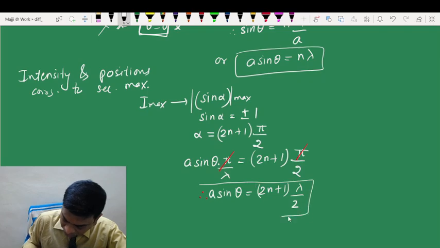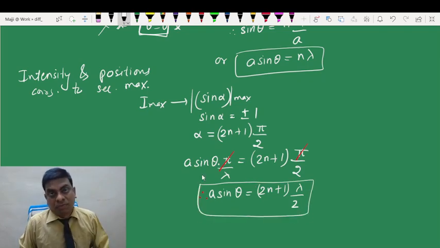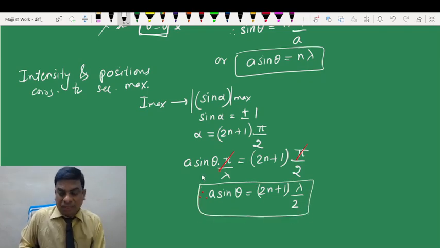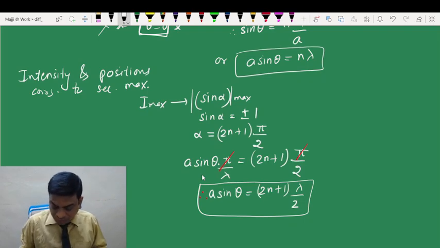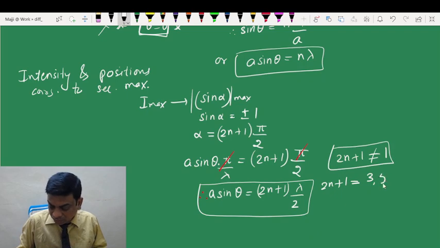This was the condition we already obtained, if you remember, for the right fringe. a sine theta is an odd multiple of lambda by 2, where 2n plus 1 starts from 3. Please don't substitute 1. 1 is excluded here.